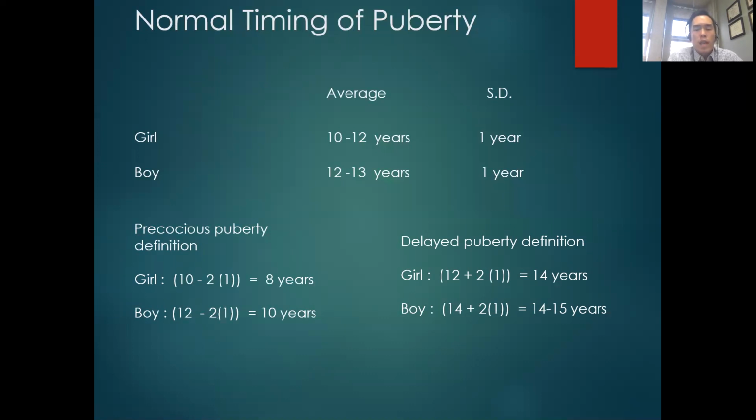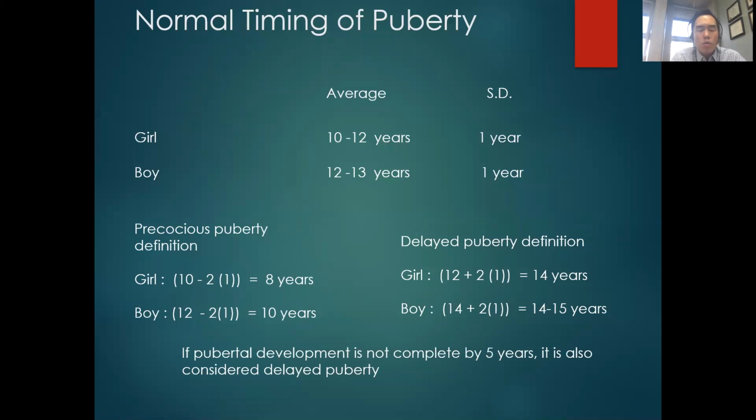The definition of delayed puberty is if a patient does not have pubertal development by 14 years in girls or 14 to 15 years in boys, we consider that delayed puberty. There's also another definition for delayed puberty. If the pubertal development is not completed by 5 years, it is also considered delayed puberty.